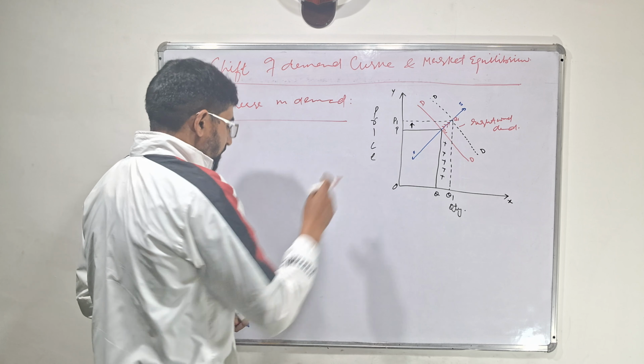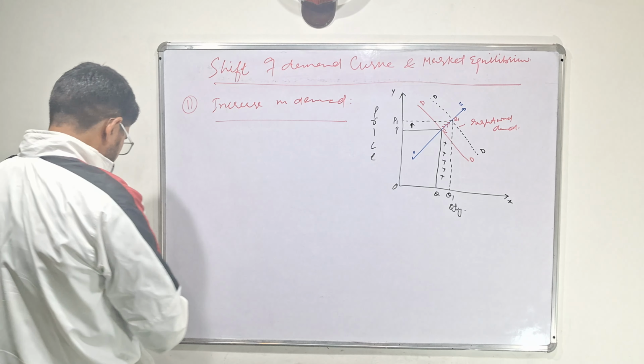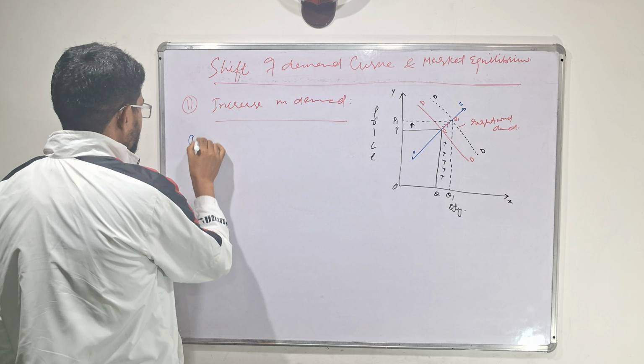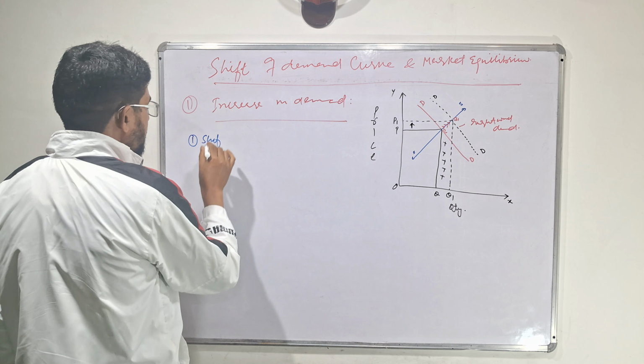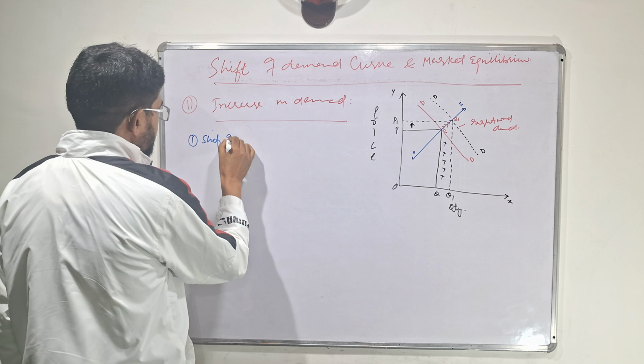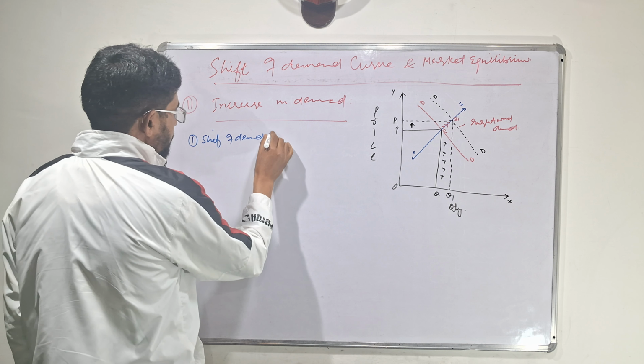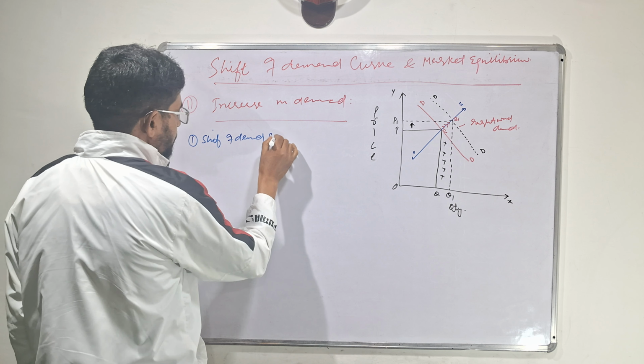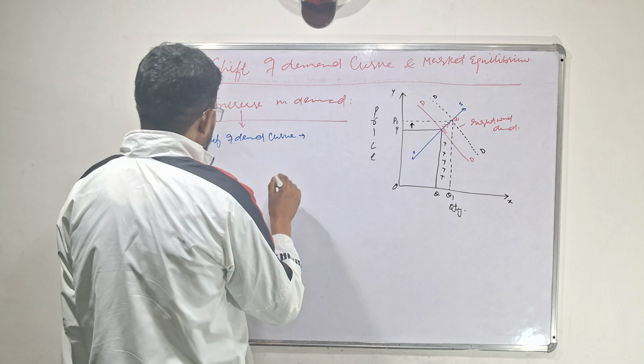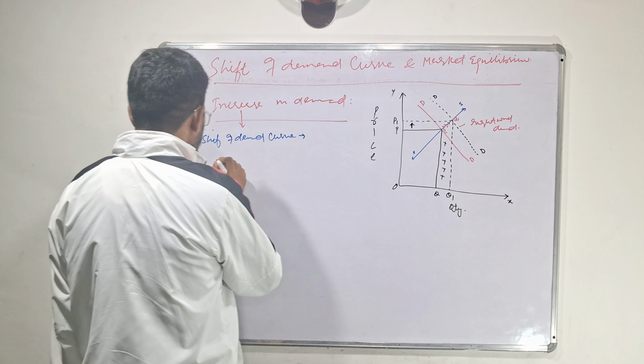Shift of demand curve, I will write here. An increase in demand we call a shift of demand curve. What will happen when there is an increase in demand? This will lead to a rightward shift in the demand curve. This will lead to excess demand, I will write here.